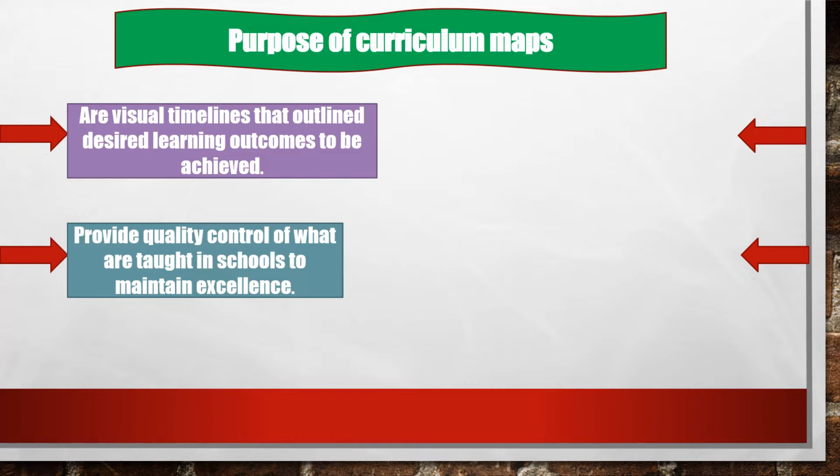Next is to provide quality control of what is taught in schools to maintain excellence. When we say excellence, it should be efficiency and effectiveness. It means that it is intended to improve instruction and maintain quality education that all stakeholders can be assured of.